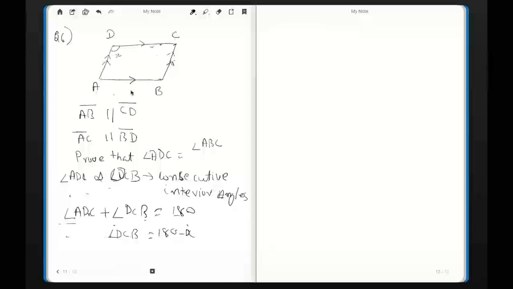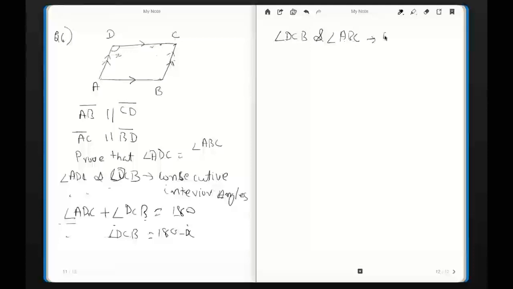Now, assume you consider CB as a transversal line to these two parallel lines CD and AB. Then what can you say about angle DCB and angle ABC?